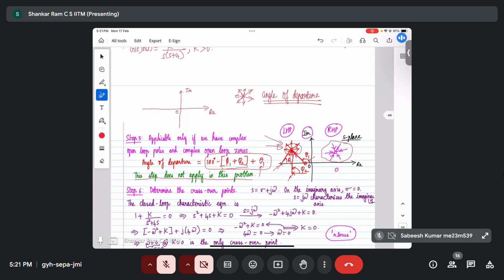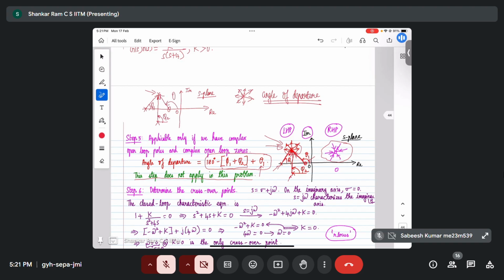Let me redraw this figure. So let us say I have this, right? To figure out the angle of departure from this pole, I draw vectors from other open loop poles. Let me call this angle phi 1, this angle phi 2. Then I draw vectors from open loop zeros to this pole.